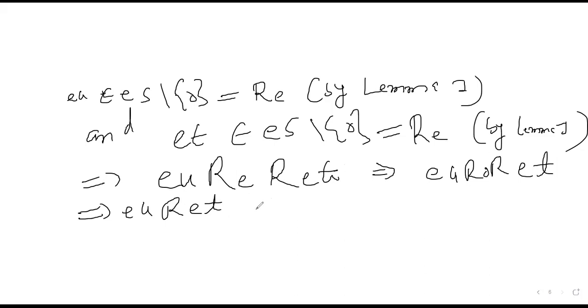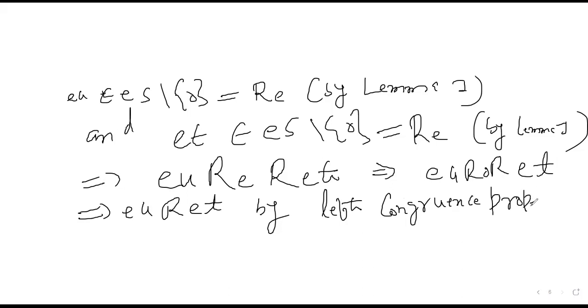We know this. So by the left congruence property of Green's equivalence R, you get that ZEU is related to ZET.